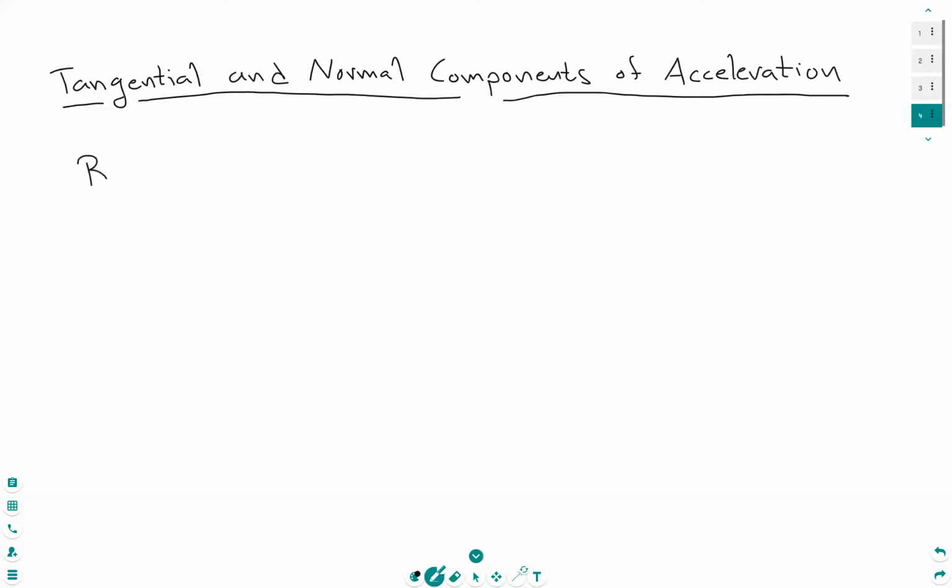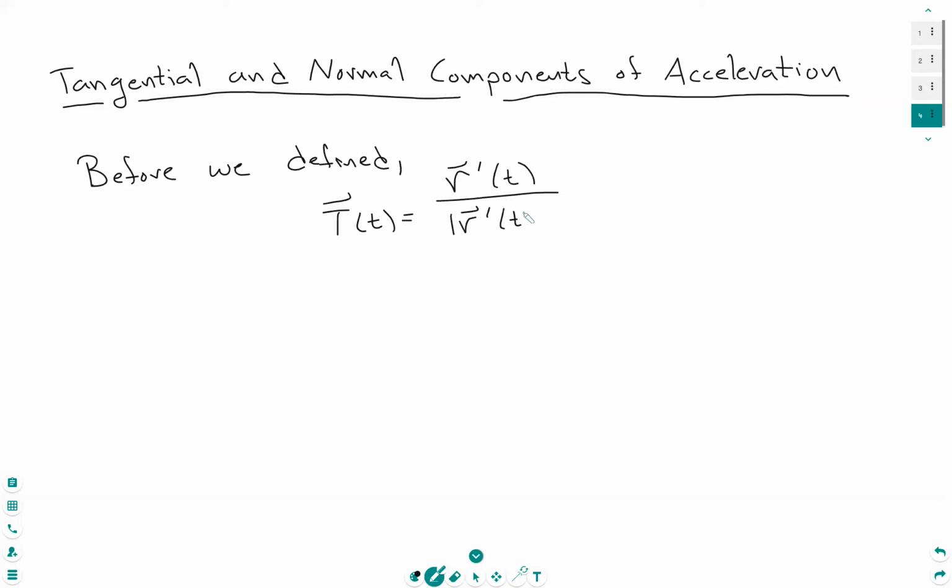So before, we defined the unit tangent as r prime of t over the magnitude of r prime of t.